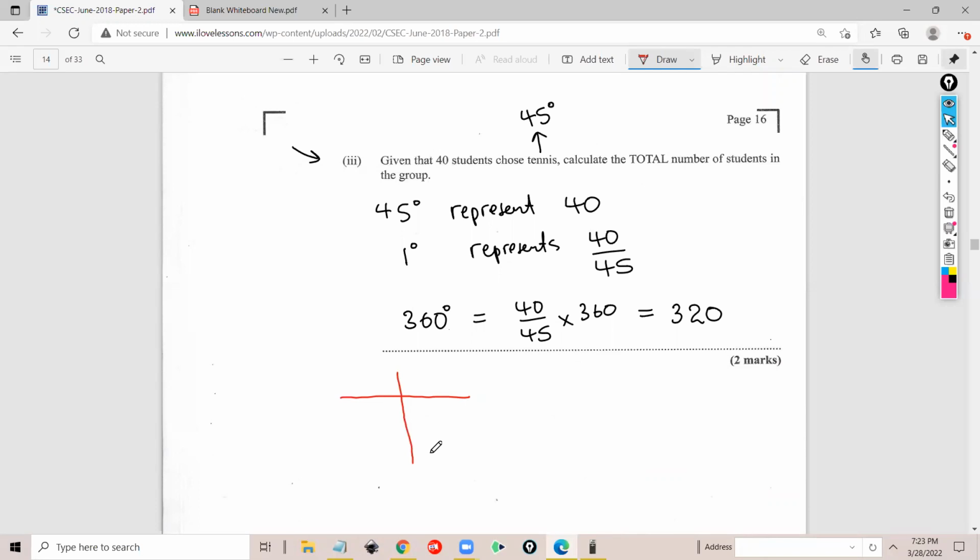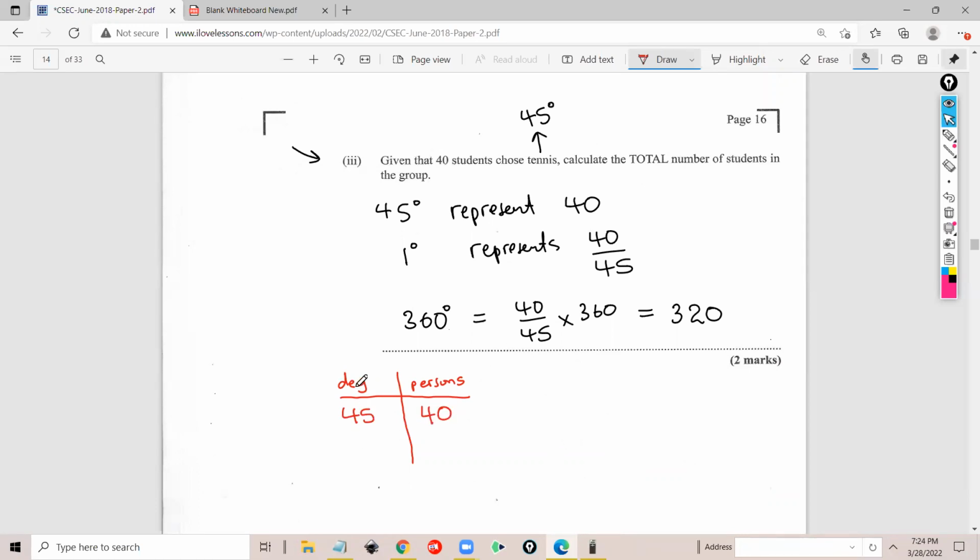And there are two things you are considering in this question: degrees and persons. According to the question, 45 degrees represents 40 persons.